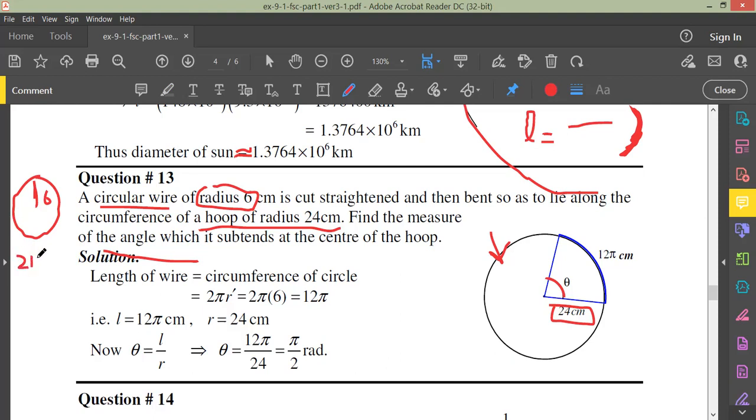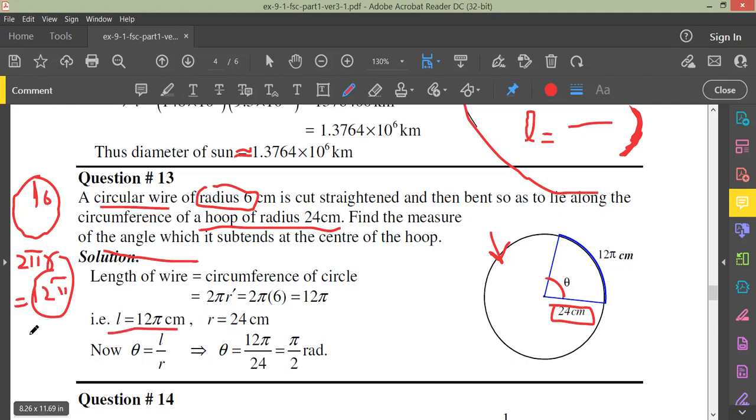We apply the formula of circumference, which is 2 pi r. So r is equal to 6, so the length is 12 pi. This is the length of the wire.